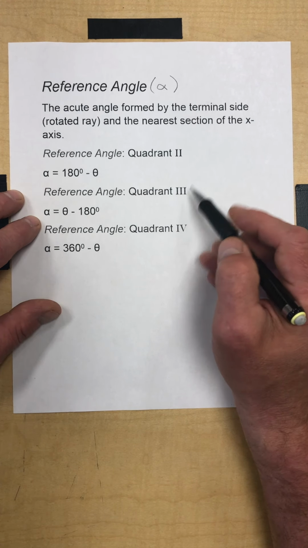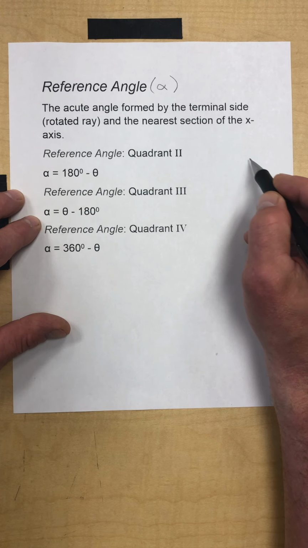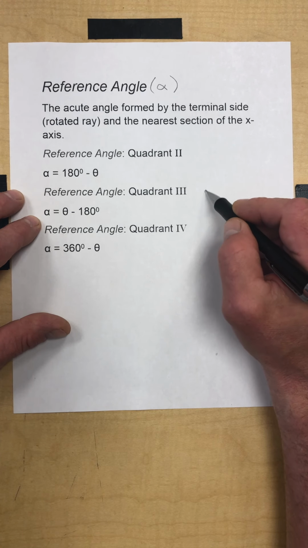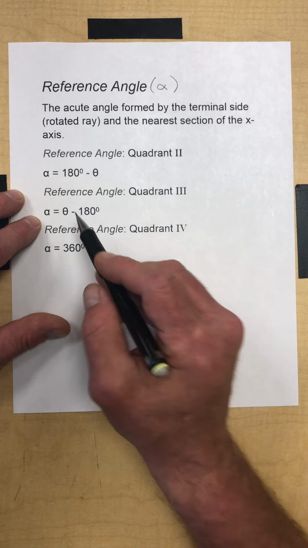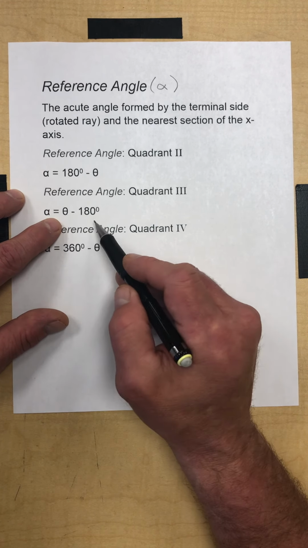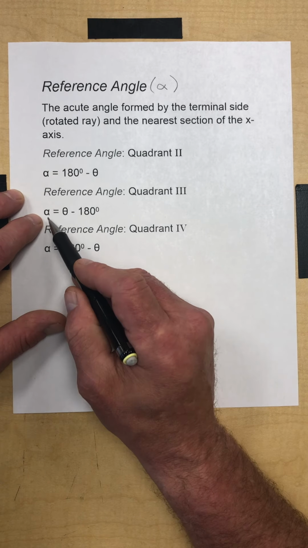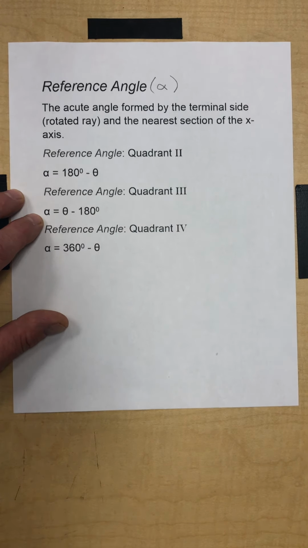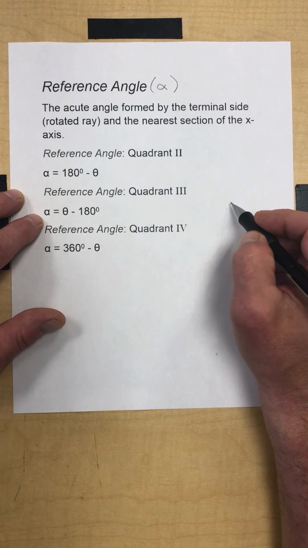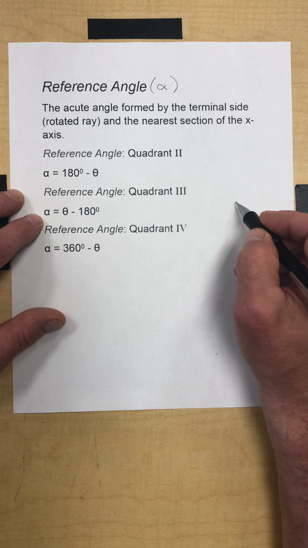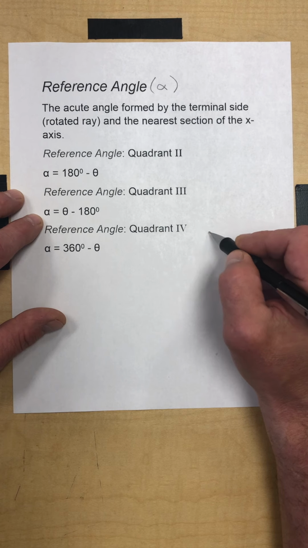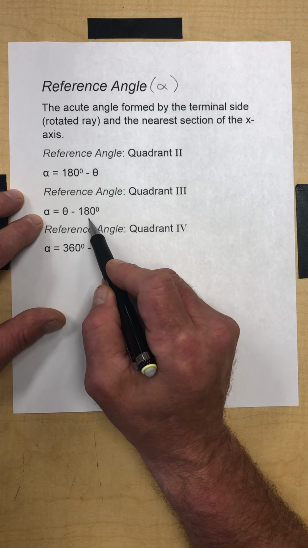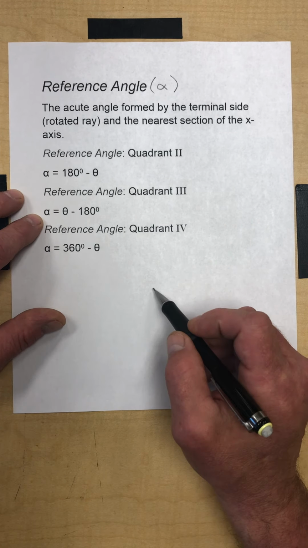If I'm in quadrant 3, so I've gone past 90 and past 180, now your theta is greater than 180. Your reference angle would be theta minus 180. So if I had 225 degrees, my reference angle would be 225 minus 180, or 45 degrees.